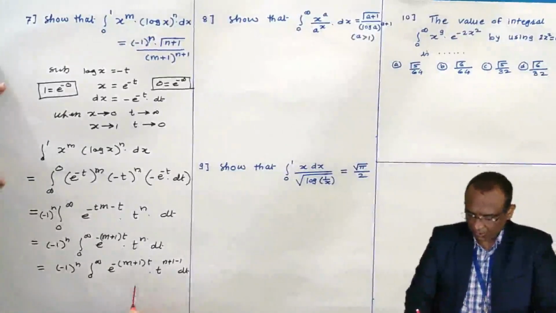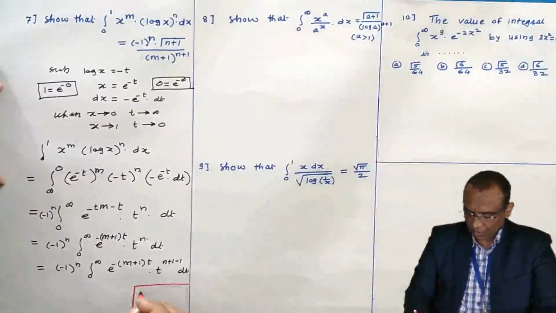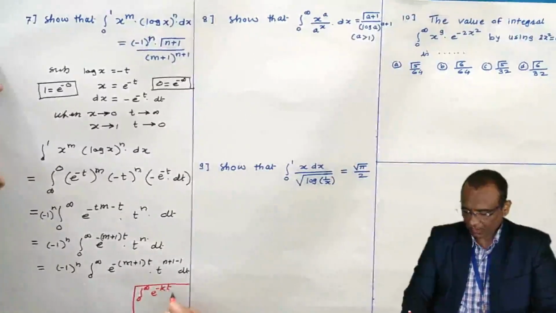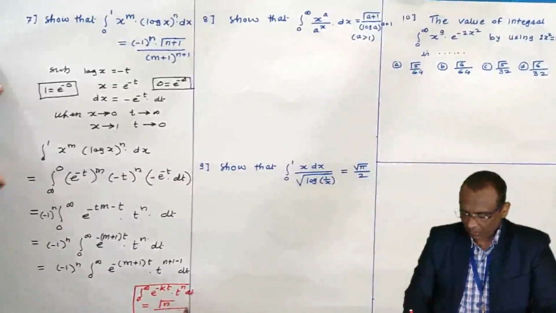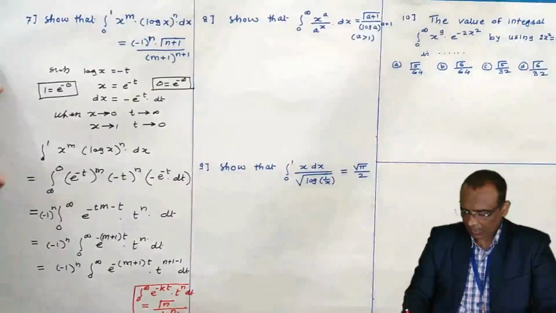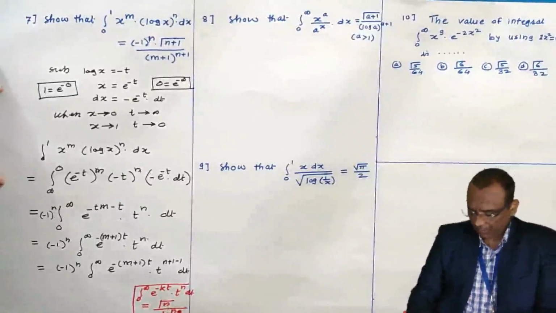So what is the formula? Integral 0 to infinity e power minus k t, t power n minus 1 dt is gamma n by k power n.